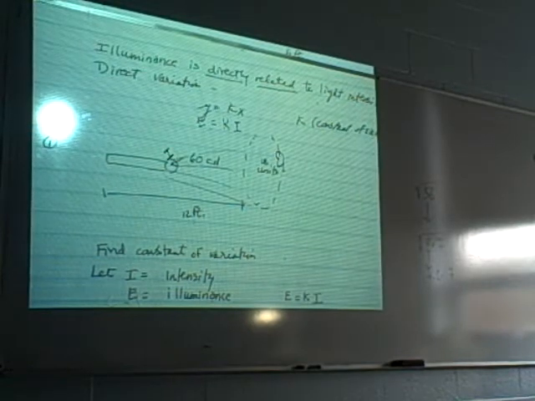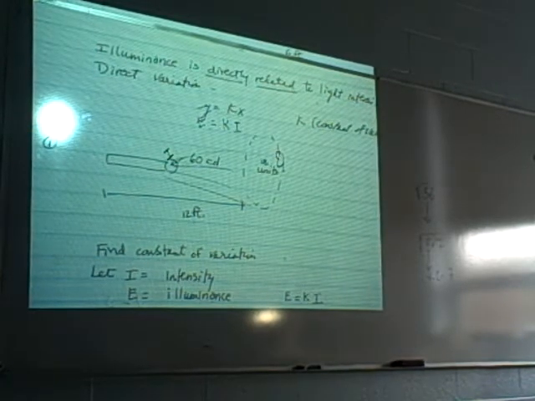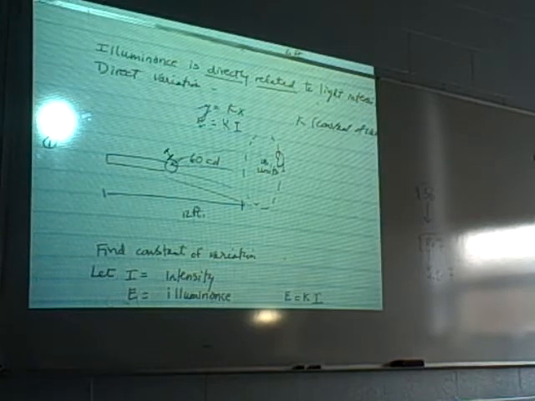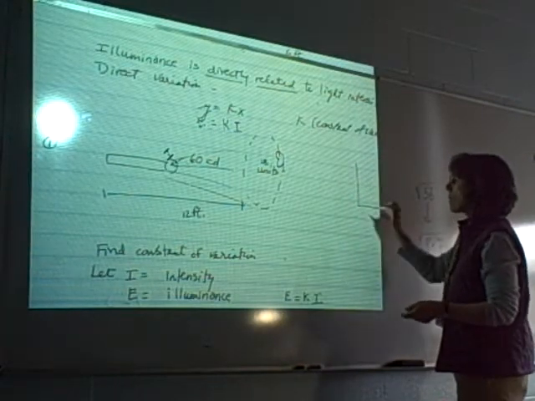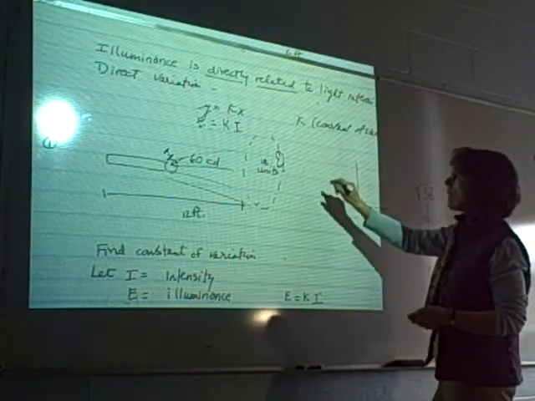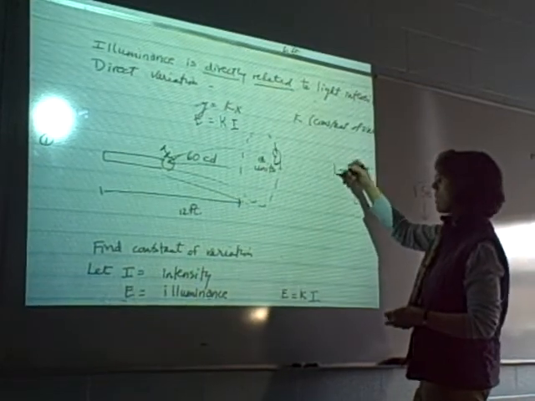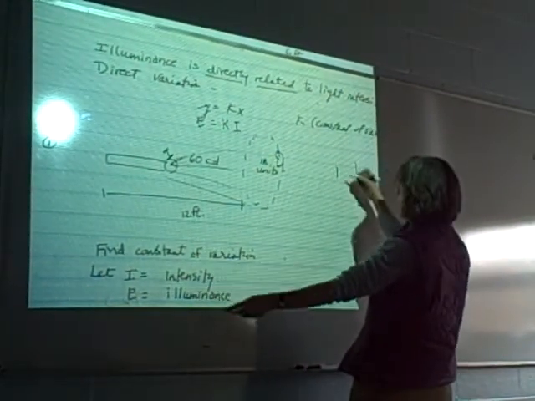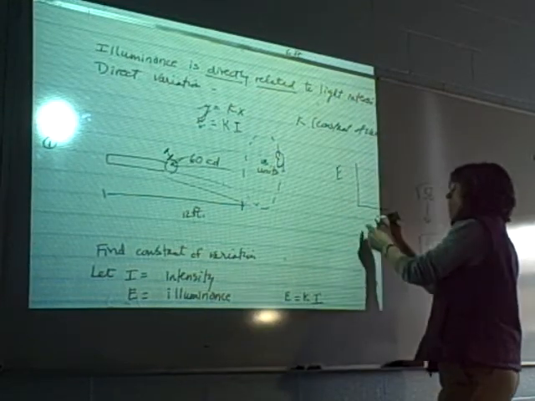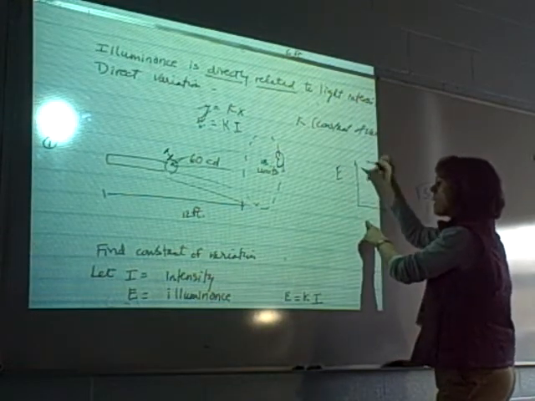Okay? And that's all these problems are. It's really just understanding what is dependent on what. And if it's direct variation, we know that if I were to graph this, the illuminance, which they're saying is E, is dependent on this. This is always my what?